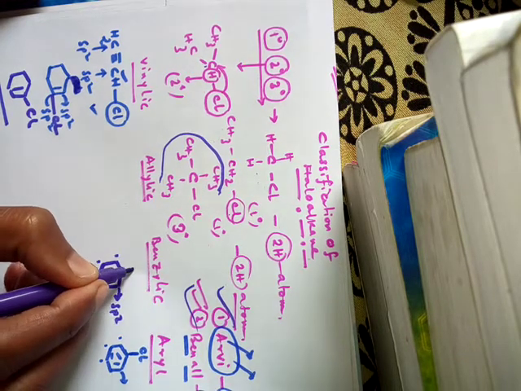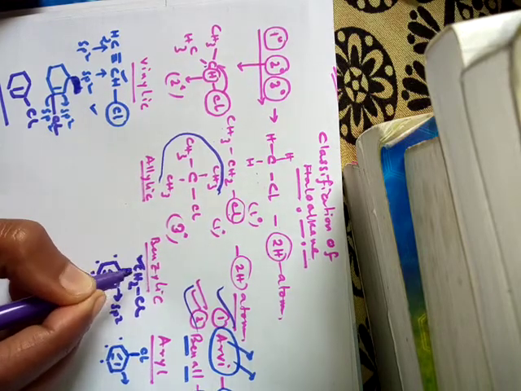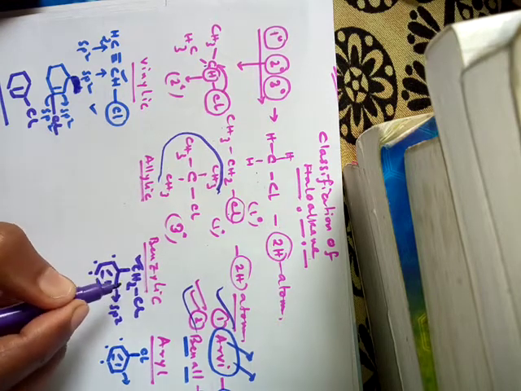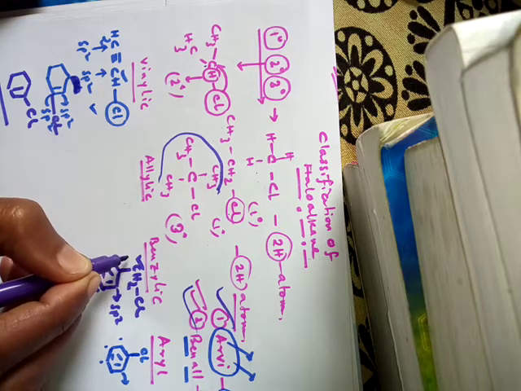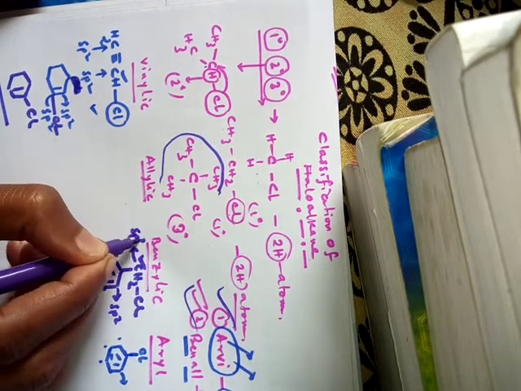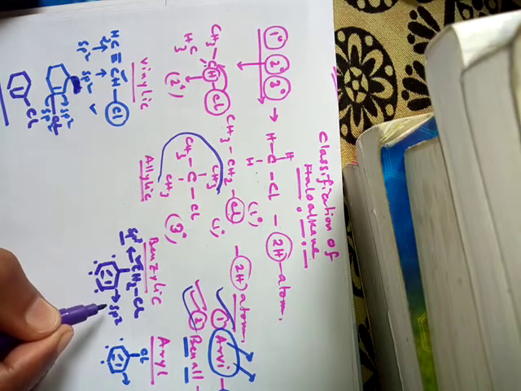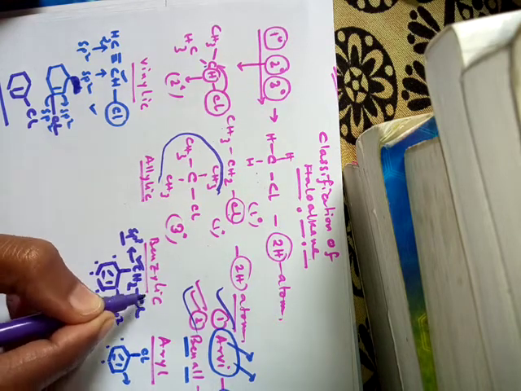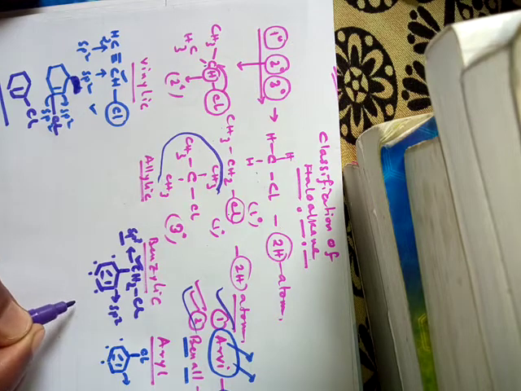So the structure will be something like this: CH2Cl. This carbon is sp3 because it is singly bonded to the sp2 carbon atoms of the ring. The carbons of the benzene ring are all sp2 hybridized, but this carbon is sp3 hybridized. The halo group is attached with this sp3 carbon, so it is known as the benzylic halide.